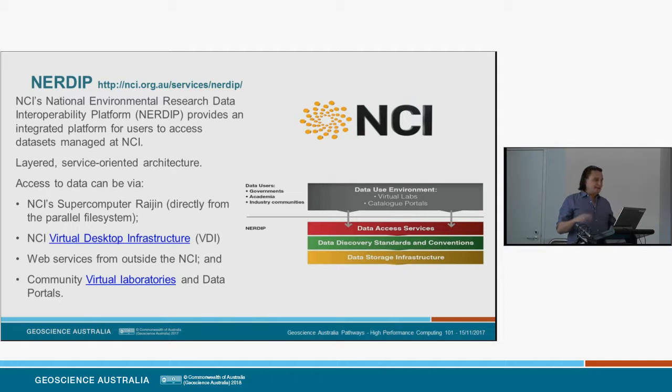On top of that, we have the data in these standard formats, the modern container formats that support the data access services. And we then have applications like the Australian National Virtual Geophysics Lab and the Virtual Hazards Laboratory, and any number of applications accessing that data, not just from the NCI but also outside as well.